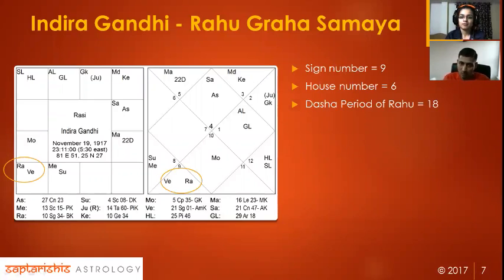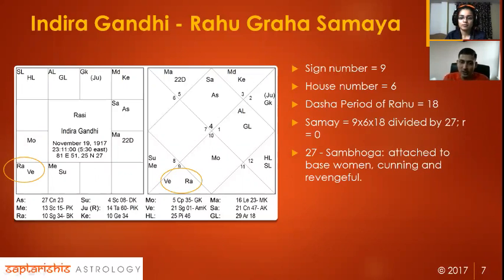And we know the dasha period of Rahu is 18 years. On that basis, if we calculate, Samay is 0, which means we have to read Samay for 27. And 27 is Sambhoga, which is attached to base women, cunning and revengeful.